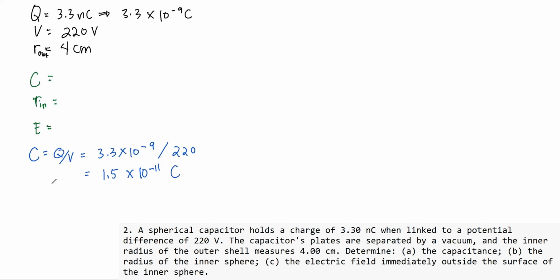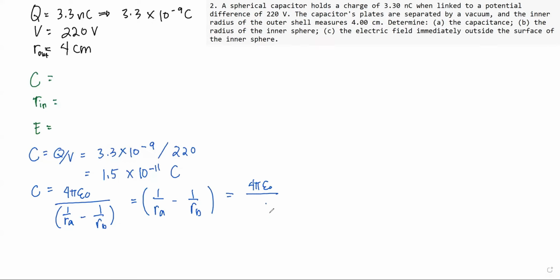To get the inner radius, we've got to know how we deal with the capacitance if we've got spherical coordinates. We can have 1 over RA minus 1 over RB, quantity of that, equals 4 pi epsilon naught over C. Now we've got a given C right over there.